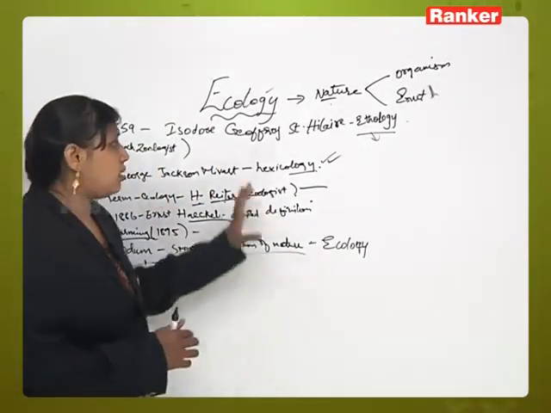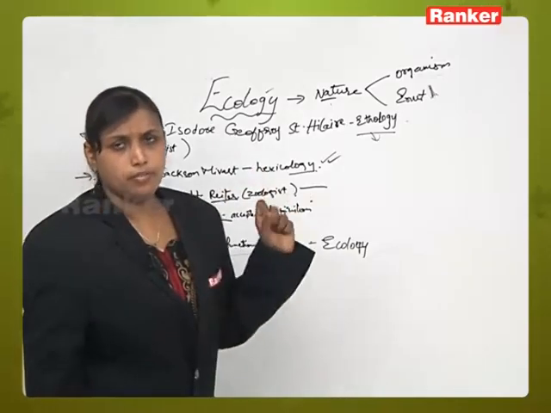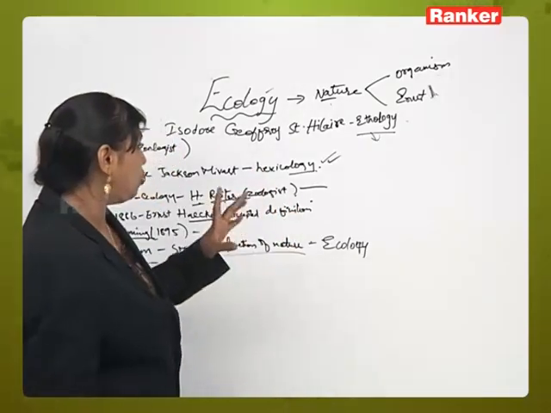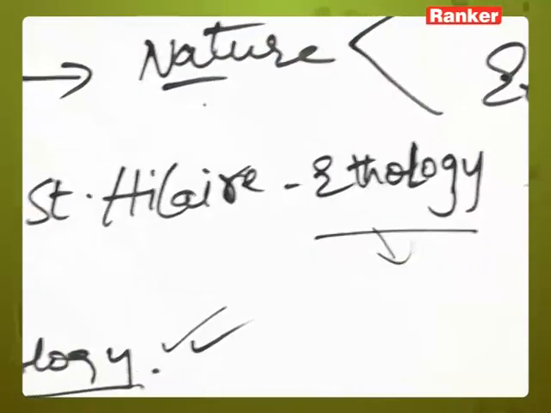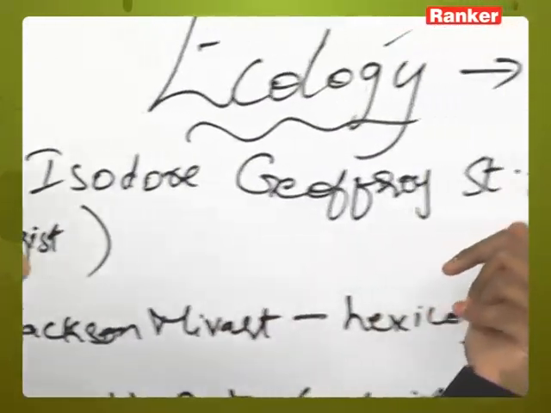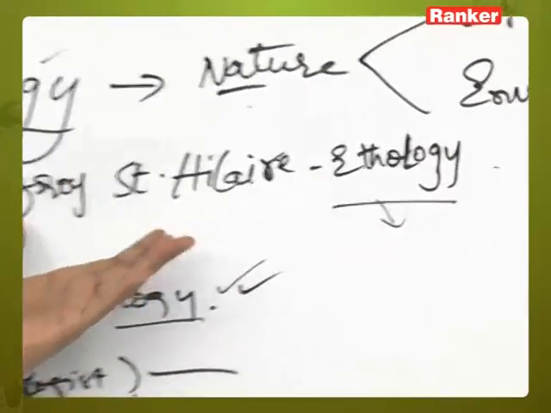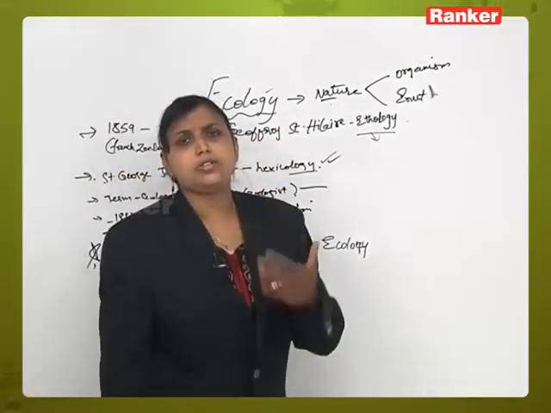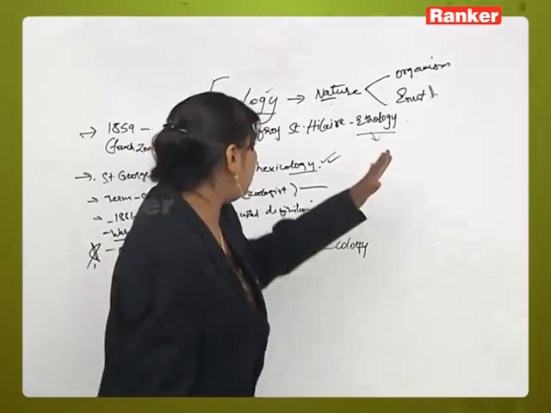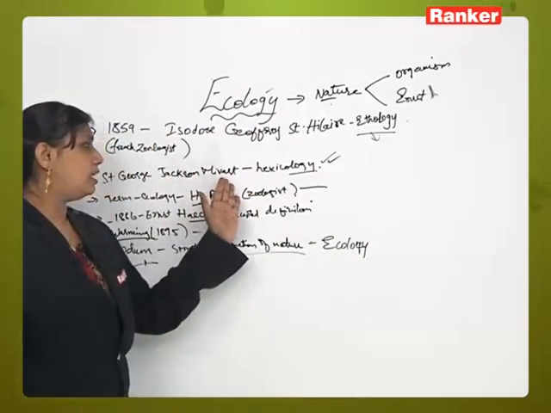So these are the basic definitions we follow when we go for ecology. The first and foremost word was ethology, which was given by Isidore Geoffroy Saint-Hilaire. It is nothing but the interaction of organisms within their family and in the society in which they live. Next, in the same year, Jackson Mewart gave hexecology.